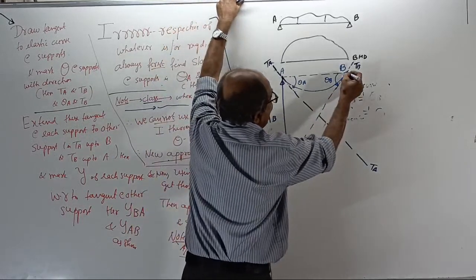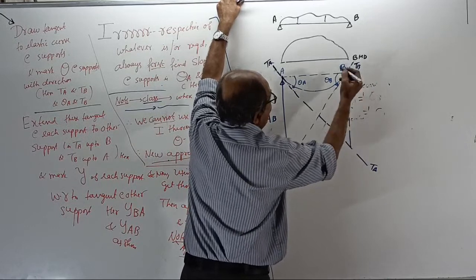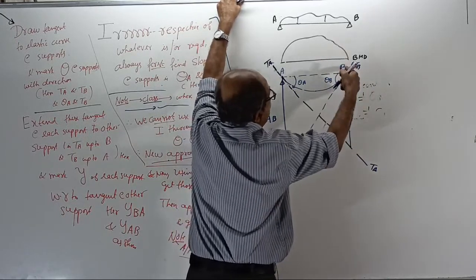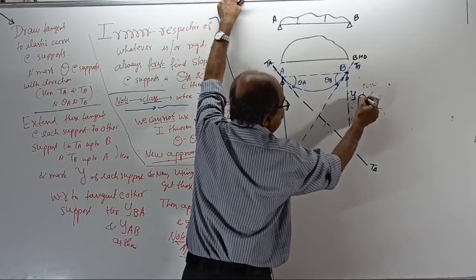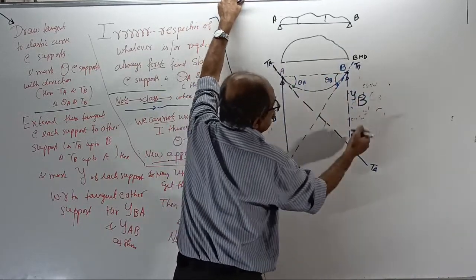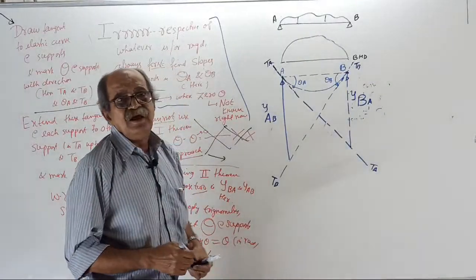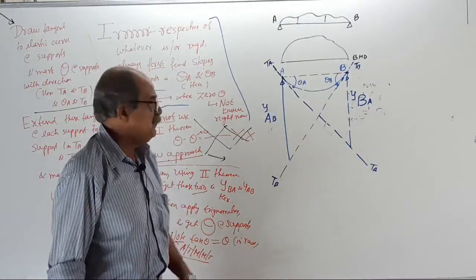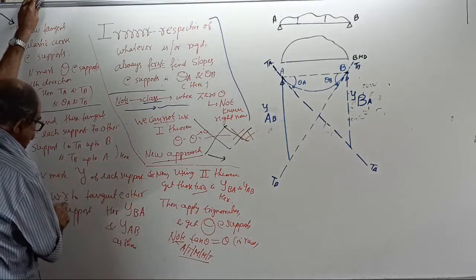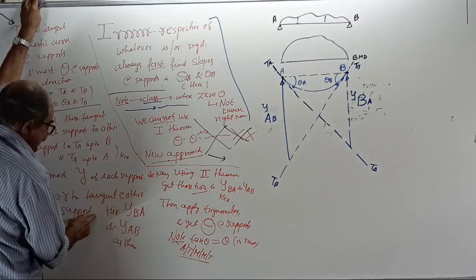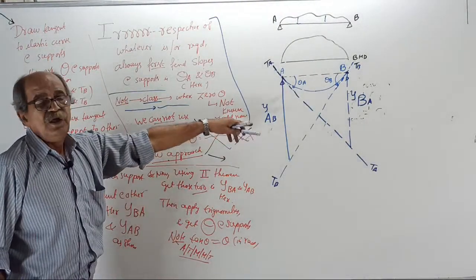Now, here also, arrow mark upward, okay, because this is displacement of B with respect to tangent at A. Fully clear? Find these two first. So, draw with the other support, that is here YBA and YAB as shown.